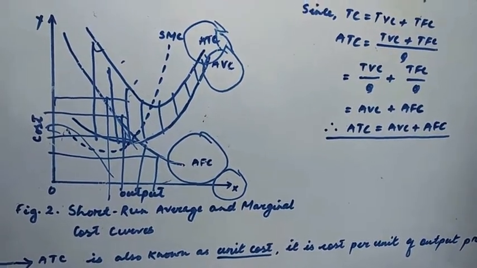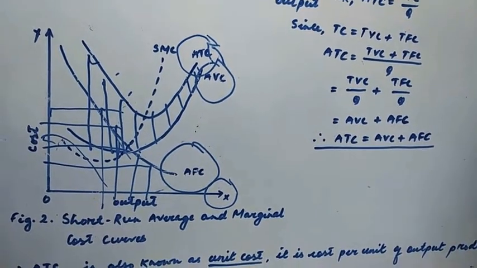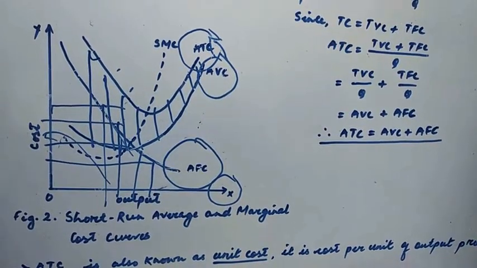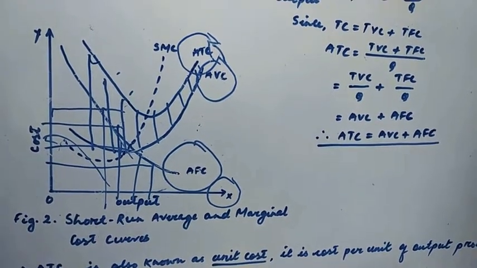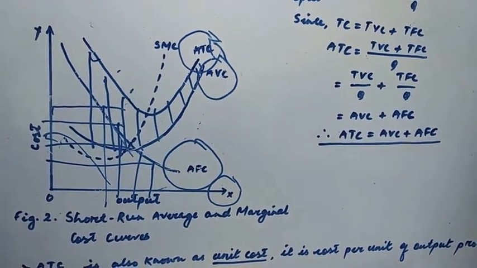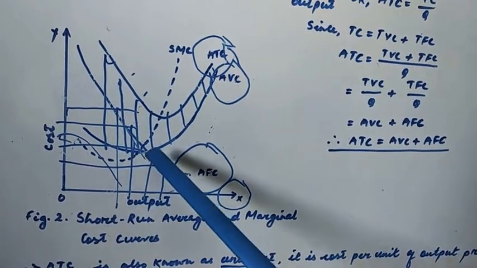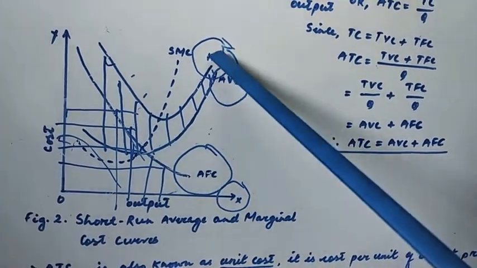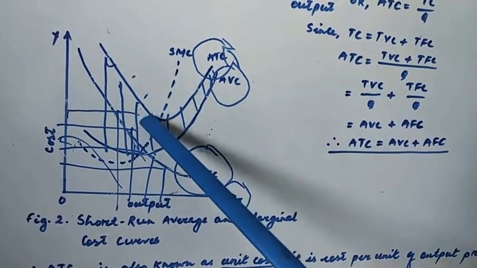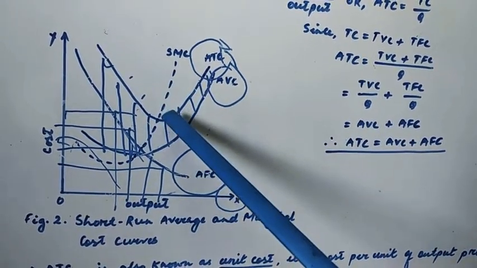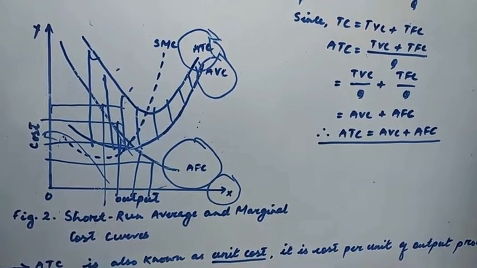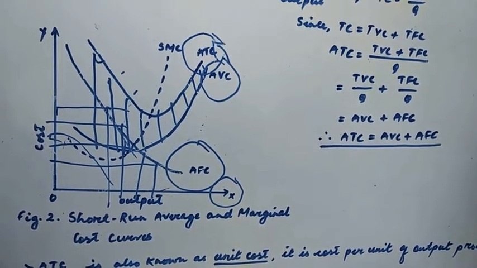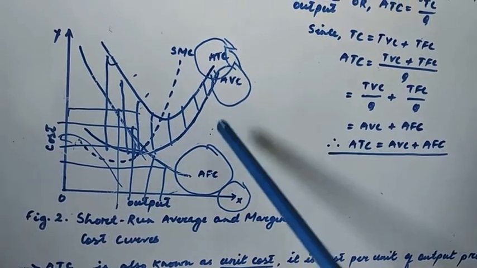This is because, during this stage, the fall of the average fixed cost curve weighs more than the rise in the average variable cost curve. That is why even when AVC started to rise, this average total cost falls even more steeply, because the fall in AFC weighs more than the rise in AVC.